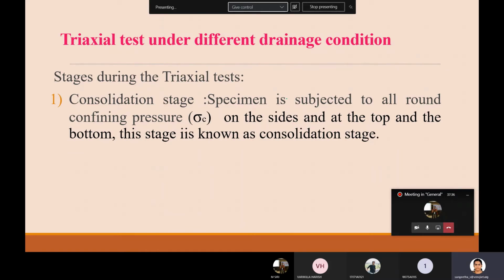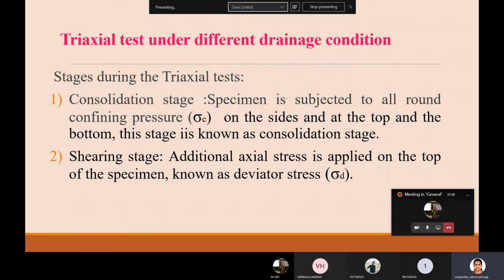So after this stage, you will go for the shearing stage, where drainage is actually allowed. So sigma 1 minus sigma 3, the deviator stress, that is applied during the shearing stage. So additional axial stress is applied on the top of the specimen during the shearing stage.